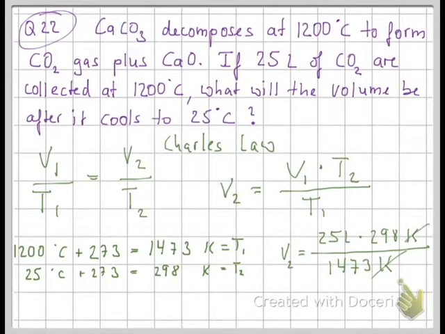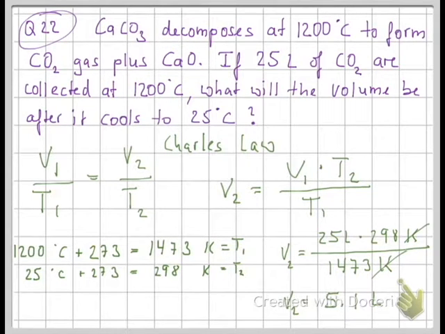The kelvins cancel, so calculate 25 times 298 divided by 1473 equals, I have something like 5.1 liters. So V2, once you chill this down to normal room temperature, you actually have 5.1 liters of gas.